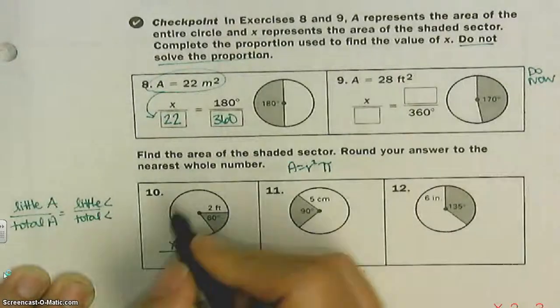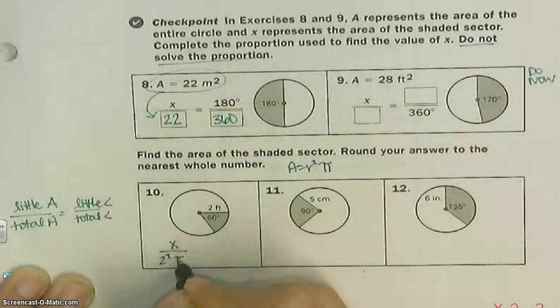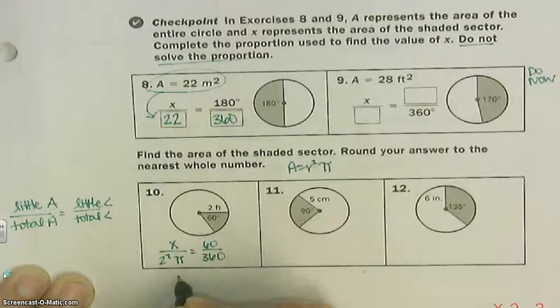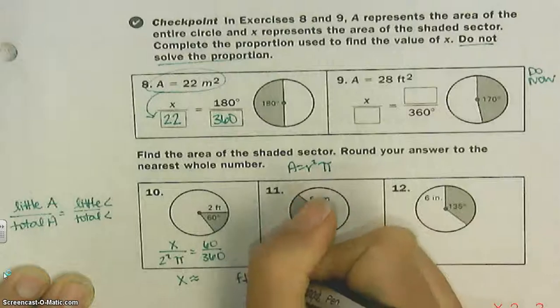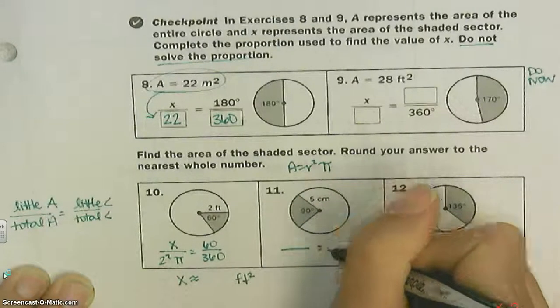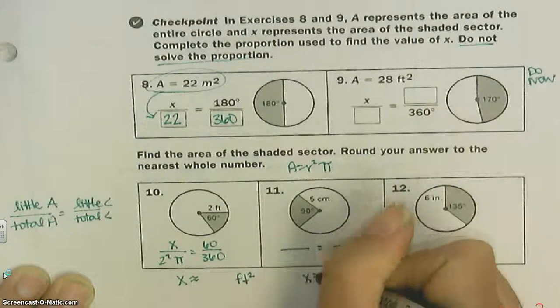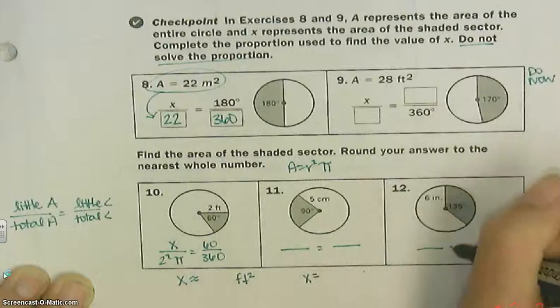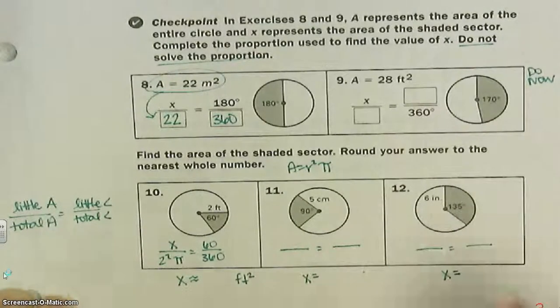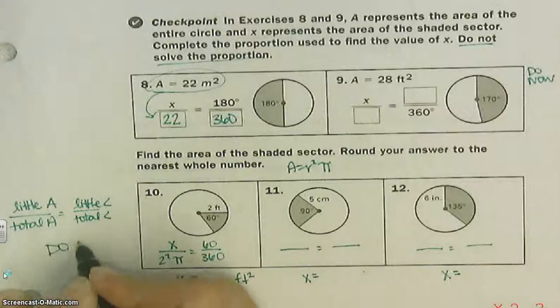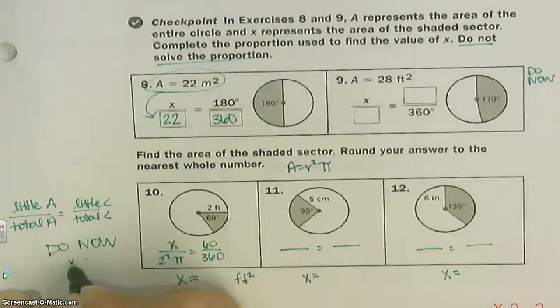So 2 squared pi, little angle is 60, total angle is 360. Then x is approximately something feet squared. So I want you to write a proportion, solve for x. Don't forget your units. So do this now.